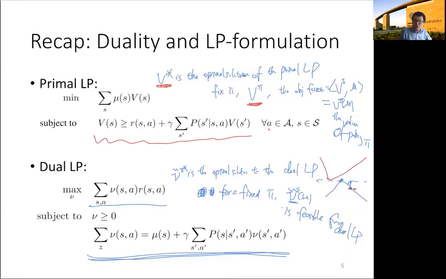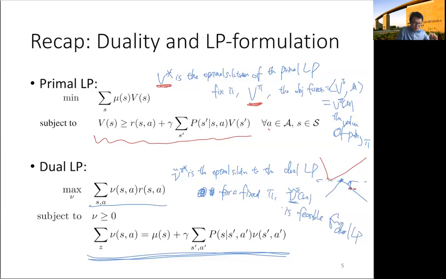So the primal LP is trying to find upper bounds of the optimal value function, and you're trying to minimize the upper bound as much as possible until you reach the point where your v is actually the optimal value function. For all other suboptimal policies, if you substitute v into the primal LP, you get something that's infeasible, as we've shown just now.